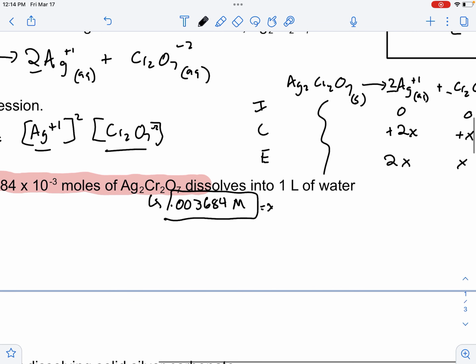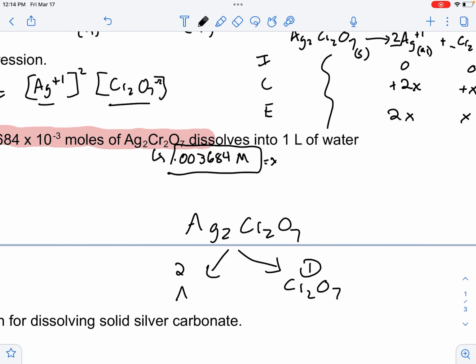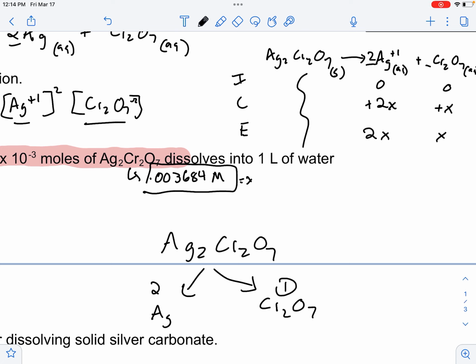Now, this value that is provided here technically represents the x value. And here's an understanding that we have to come to. When Ag2Cr2O7 dissociates in water, you're going to get one dichromate for every 2 silver ions, and that's aligning with our coefficient.